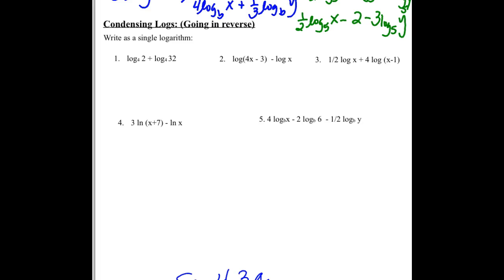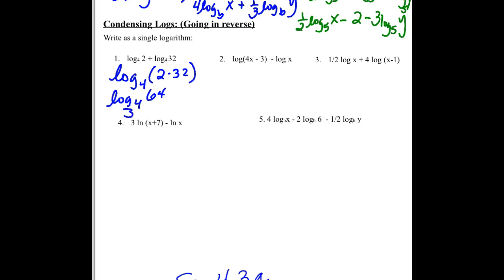So this becomes log base 4 of 2 times 32. What is 2 times 32? 64. Is that a power of 4? Because log base 4 of 64 is really saying, what power of 4 do I need to get 64? So my final answer would just be a plain 3.